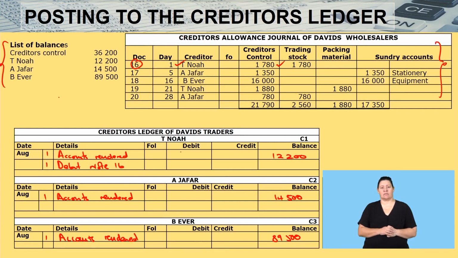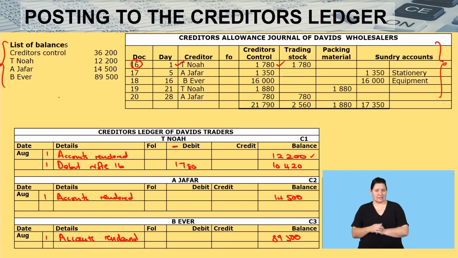And then my debit note comes to the debit side, which is the minus, remember that? So I'm going to come here and say 1,780. With your calculator, you now say 12,200 minus 1,780. You should get 10,420.